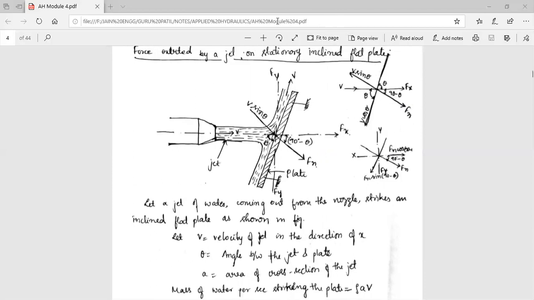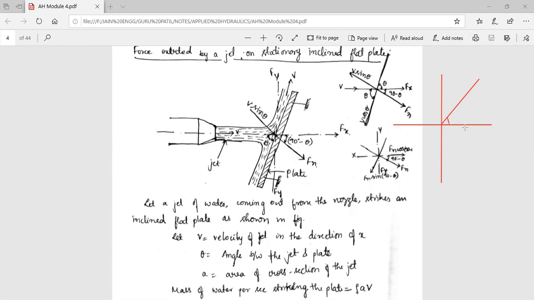While taking the components, we have to be very careful, which I shall show you. Here is the vertical element and here is the horizontal, and the force starts with some angle theta here.